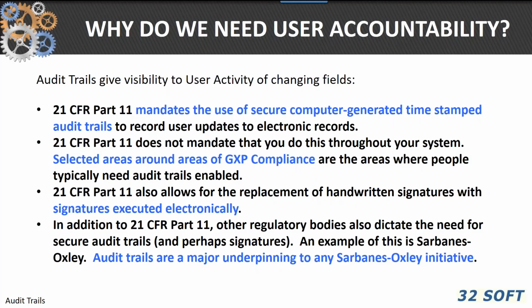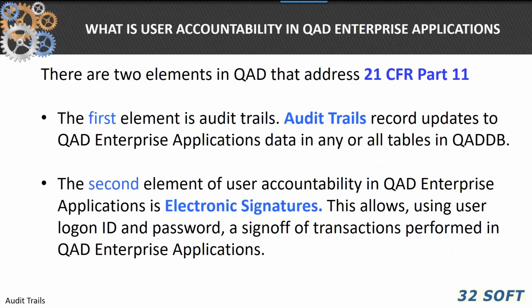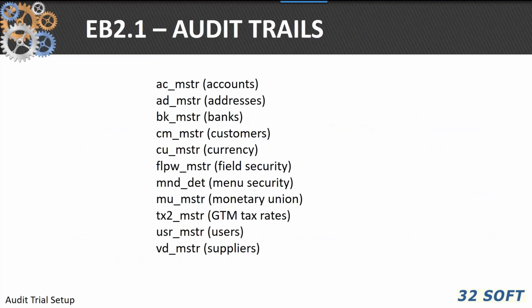And basically, audit trails are a major underpinning of any Sarbanes-Oxley or SOX initiative. So QAD gives us 2 elements, the audit fields and the electronic signatures, to address these requirements of 21 CFR 211.